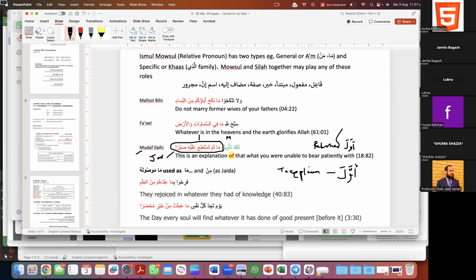From that, if you say sallama yusallimu taslimun, the masdar, you remember? Taslimun. Awala yuawwilu, then tawilun.